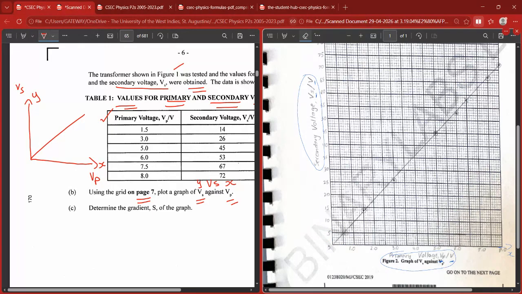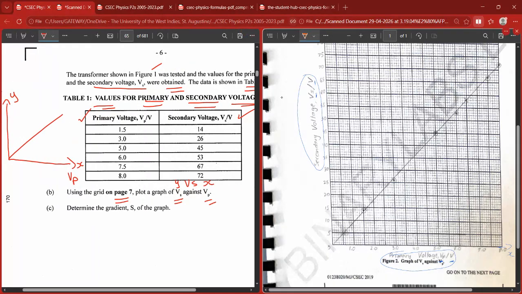Now let's see if the points are plotted correctly. Remember that this should be on your y and this should be on your x. So we're looking for 1.5 and 14. 1.5 will be in between 1 and 2.